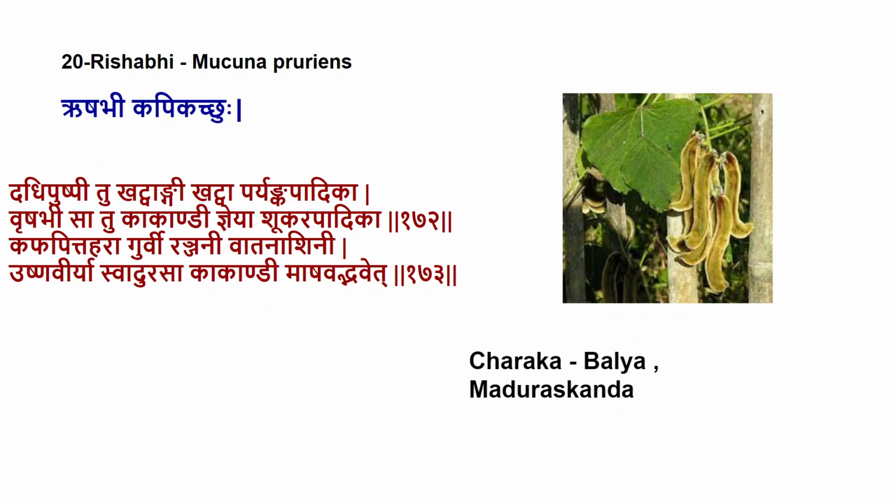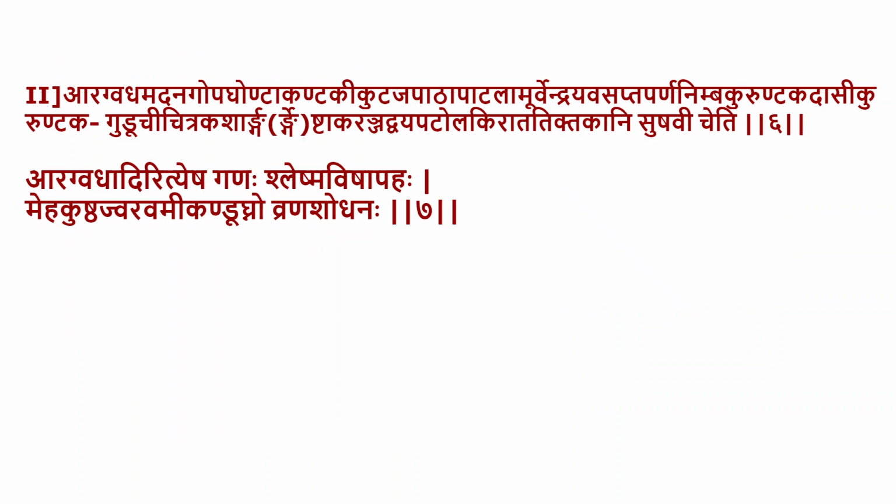According to Dalhana, the Rishabhi is Kapikacchu. Again, it's a controversial issue. And that Kapikacchu, which is popularly believed, is the Mucuna pruriens. So there is an issue of controversy. So we will accept the Rishabhi as the Kapikacchu, Mucuna pruriens, rather than what the Nighantu would say. And Charaka also has added this in Balya and Madhuraskanda Gana.